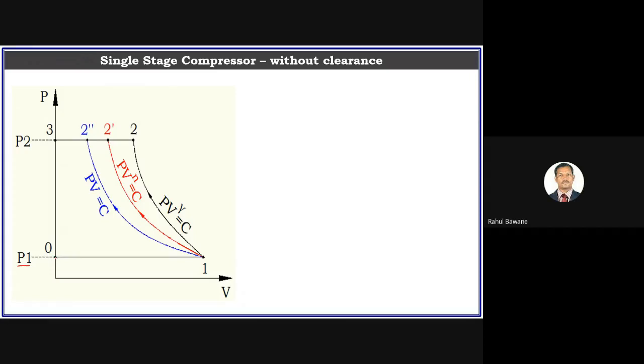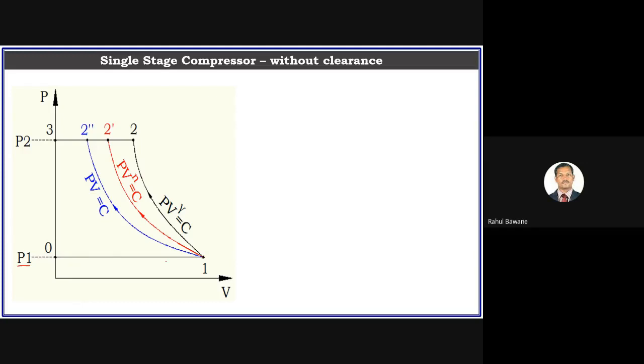As soon as the piston moves towards BDC, negative pressure will be there, volume goes on increasing, and due to that, outside atmospheric air will be sucked inside the cylinder, and this continues till the piston reaches point 1. That's when it is BDC.